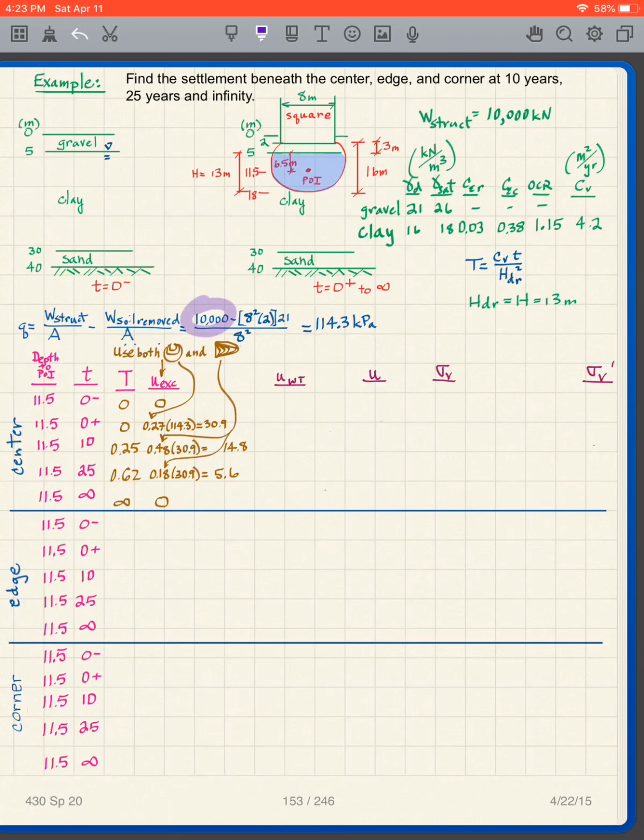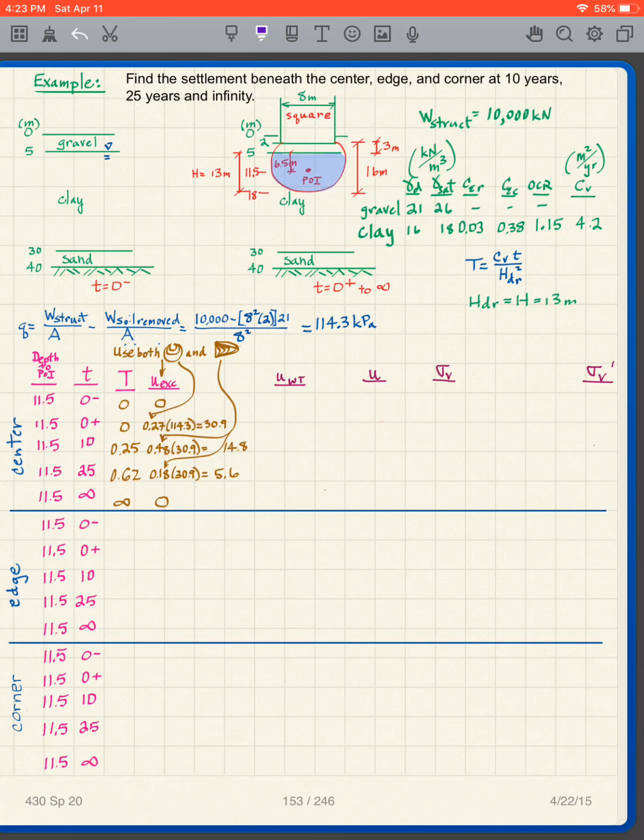This is the weight of the 2 meter basement soil, where 21 is the unit weight of our gravel, divided by the area. So we get a Q of 114.3. We take our pressure bulb factor, 0.27, times the 114.3, and we get a U excess at t equals 0 plus of 30.9.